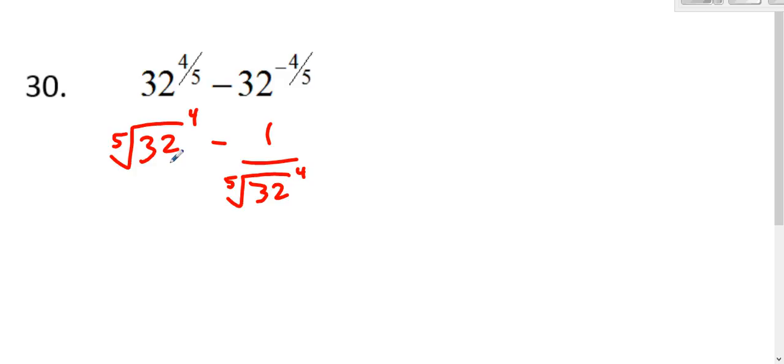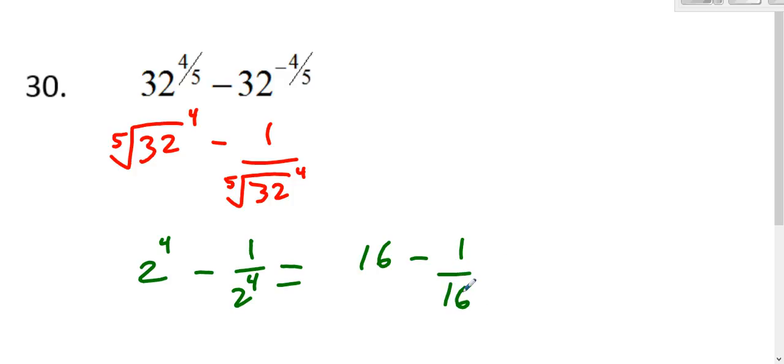So now we will do the fifth root of 32, which is just 2. So the 4th power. And then minus 1 over the 5th root of 32 again is 2, again to the 4th power. So that is 16 minus 1 over 16.